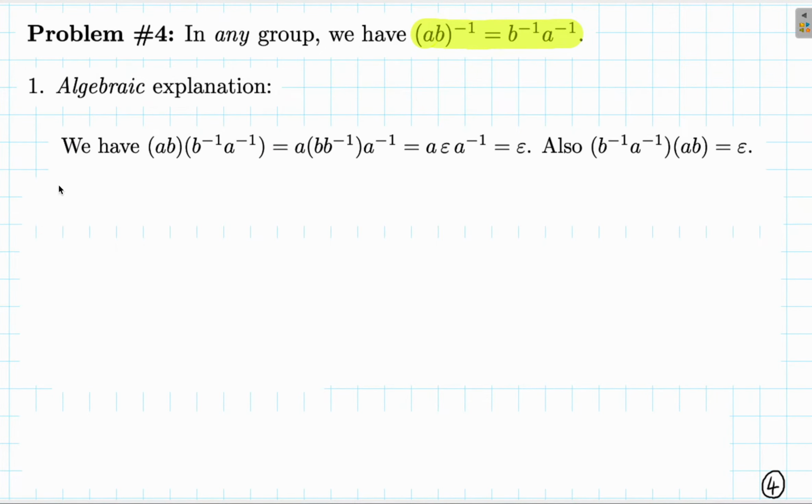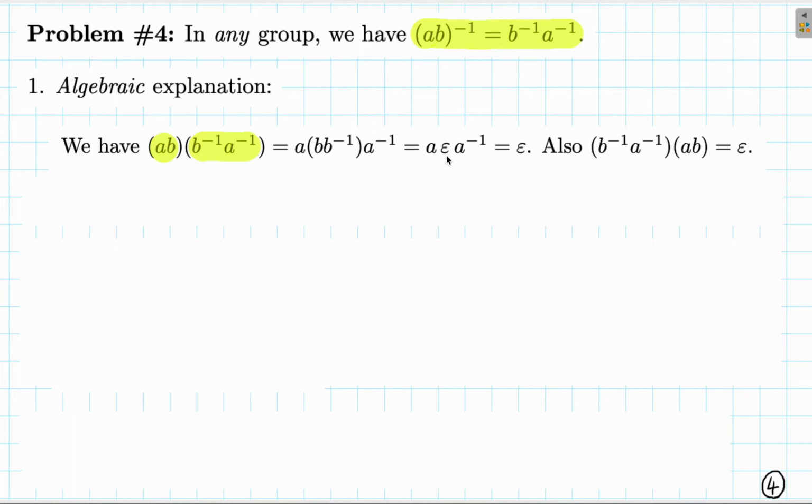If we multiply AB by B inverse A inverse, let's see what we get. Well, we can use the associative property to regroup, move parentheses around, and so we can isolate those middle terms, and that's B times B inverse, and that becomes epsilon.